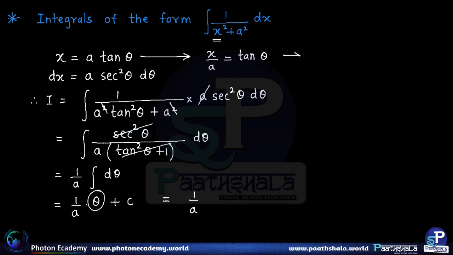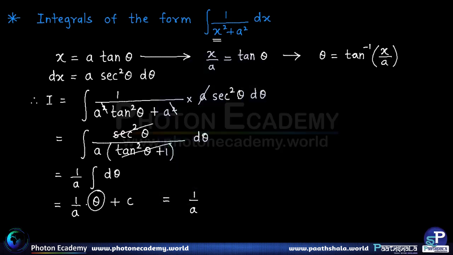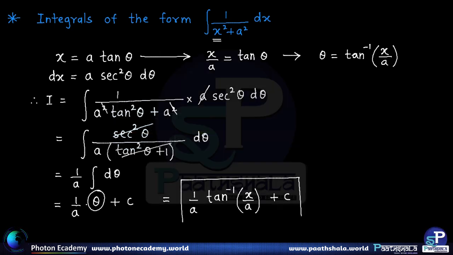So therefore theta is equal to tan inverse of x by a. So we substitute at the end, and we have 1 upon a tan inverse of x by a plus c. So that's the answer for the integrals of the form 1 upon x square plus a square.